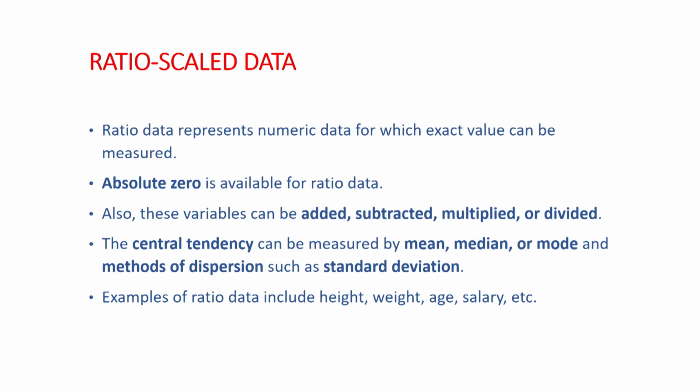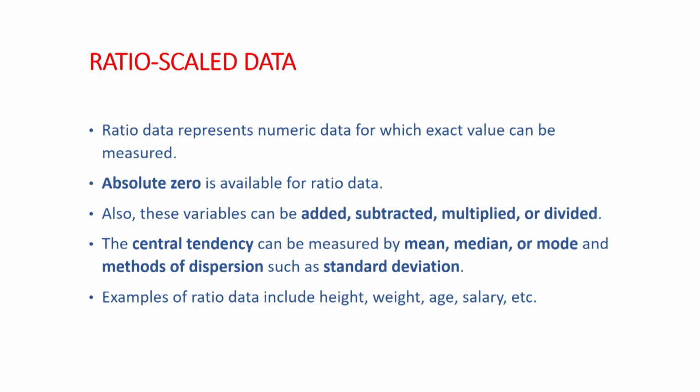Now, the second type of continuous data is ratio scaled data. In ratio scaled data an absolute 0 value is available. So, it follows all the properties of the previous data, and one more property, that it has an absolute 0 value. That is why all four operations, addition, subtraction, multiplication as well as division, can be performed on ratio scale data.